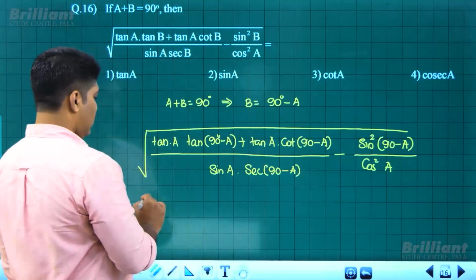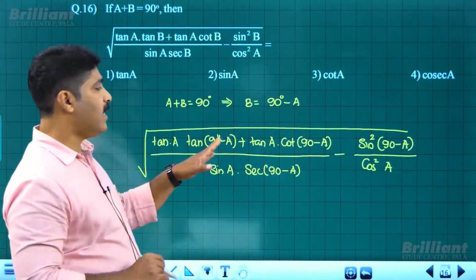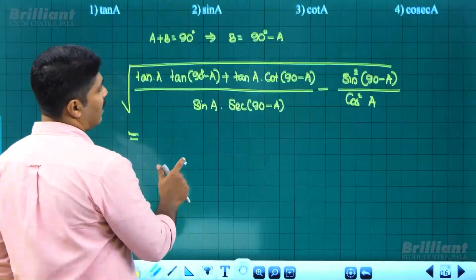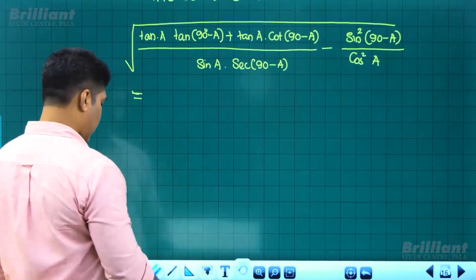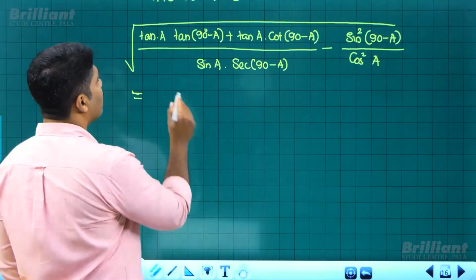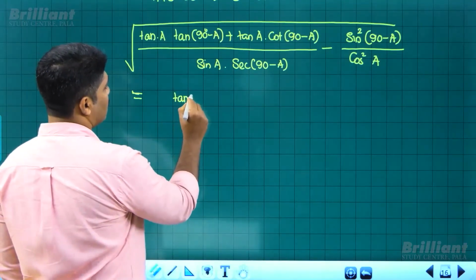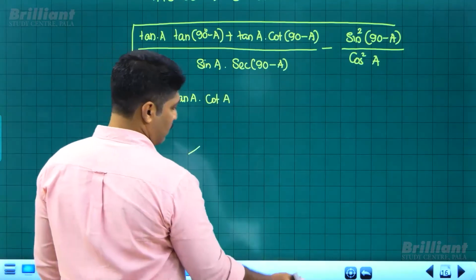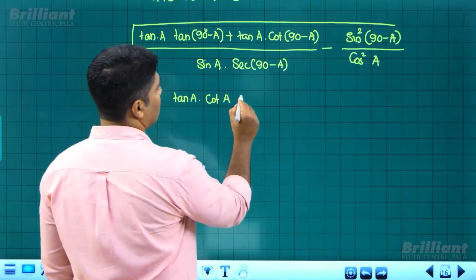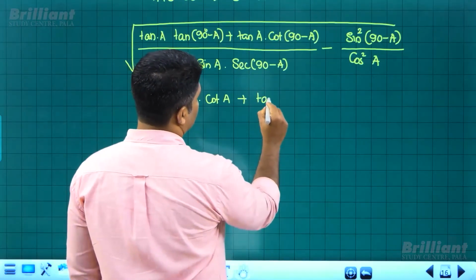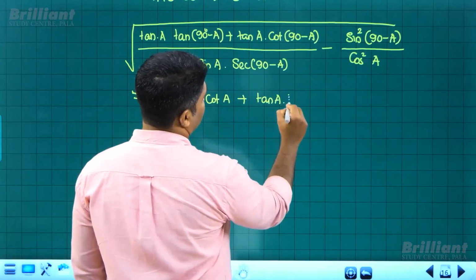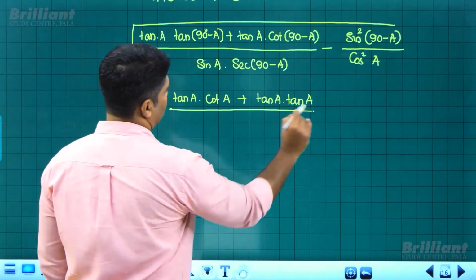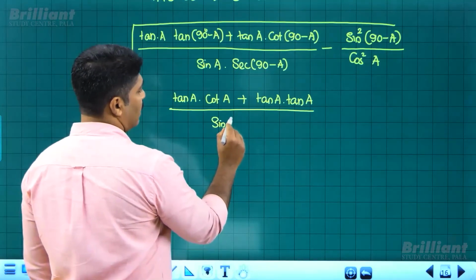So what is tan of 90 minus A? Tan of 90 minus A is nothing but cot A. Clear? So we can write the step as tan A into cot A, plus tan A into cot of 90 minus A, which is tan A. In the denominator, sin A is there.